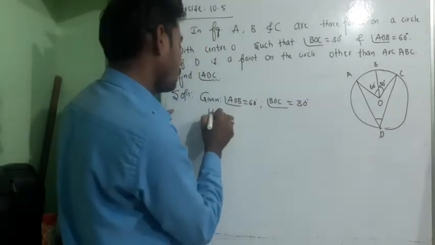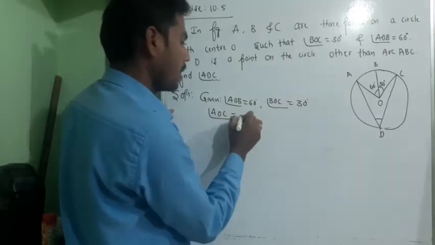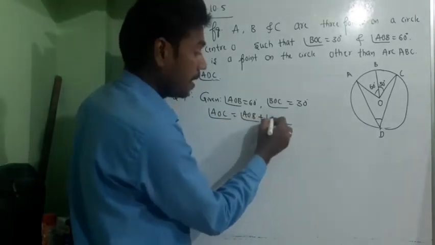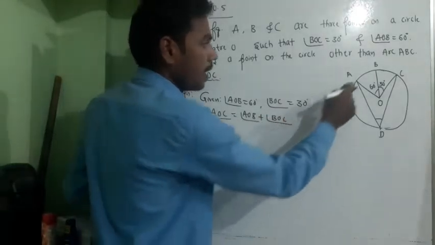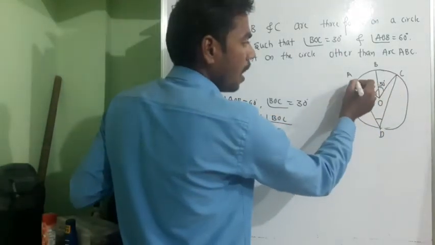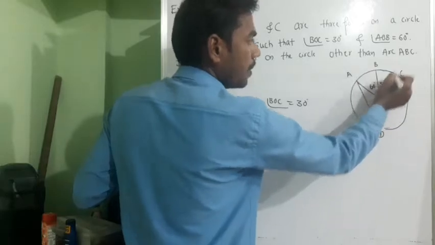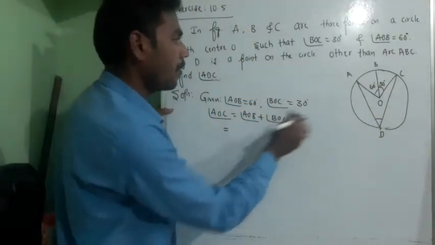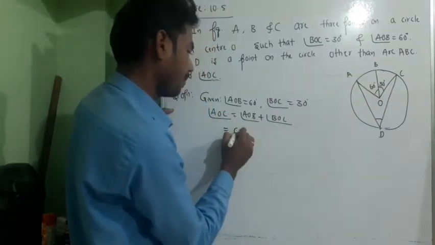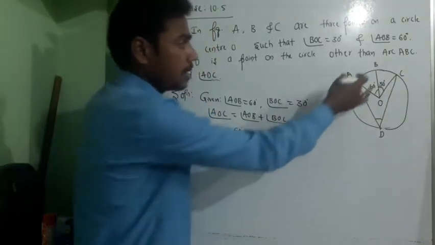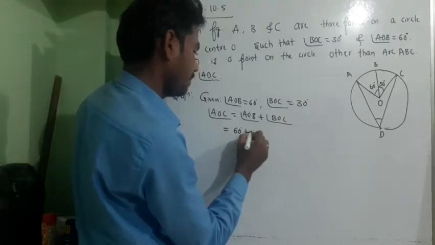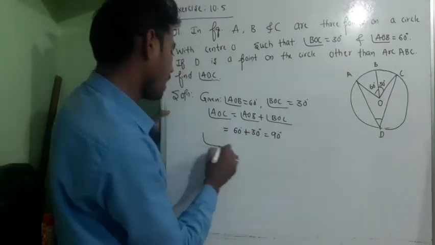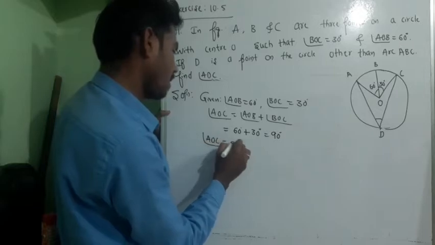Therefore angle AOC will be equal to angle AOB plus angle BOC. Angle AOB is 60 degrees, plus angle BOC is 30 degrees. 60 plus 30 is 90 degrees. Therefore angle AOC is equal to 90 degrees.